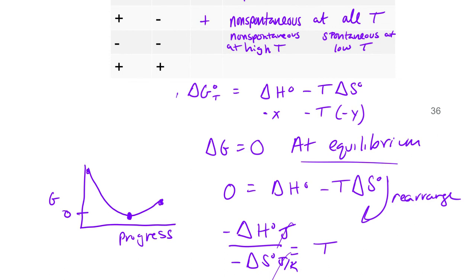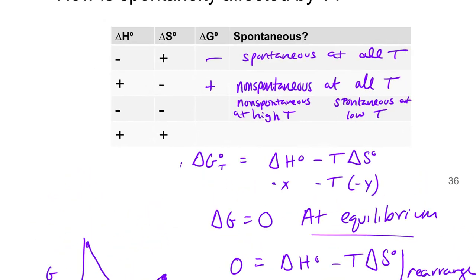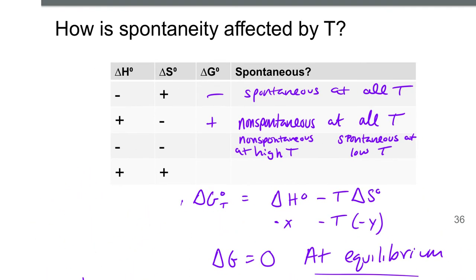We'll do an example, but let's finish our table. So if we have a positive delta H and a positive delta S, we can have a positive delta G or a negative delta G depending on the temperature, and it's flipped in this case.